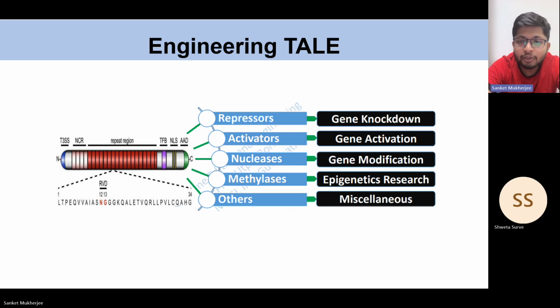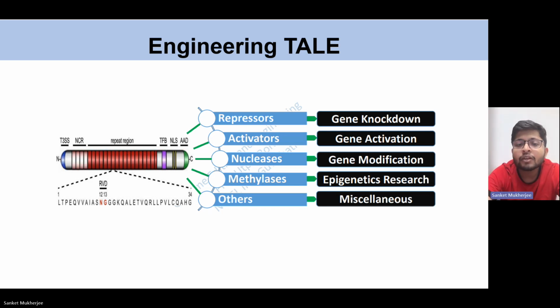Because of this property, TALEs were fused with, let's say, repressors, activators, nucleases, methylases, or other kinds of molecules. They give a lot of control over how you want to use these molecules. So if it is bound to repressors, then you could cause gene knockdown. It's used in CRISPR, let's say.